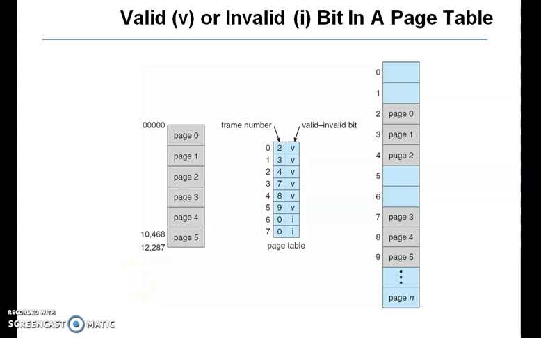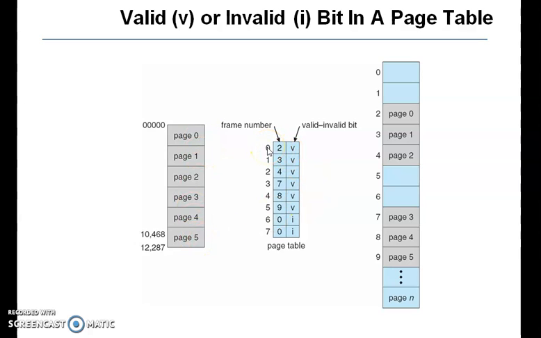In this diagram, we can see the valid or invalid bits, V and I, in a page table. The left part shows the process, which requires 6 pages, from 0 to 5, and we have the page table here. The page numbers from 0 to 7 are identified here, but the process requires only 6 pages.